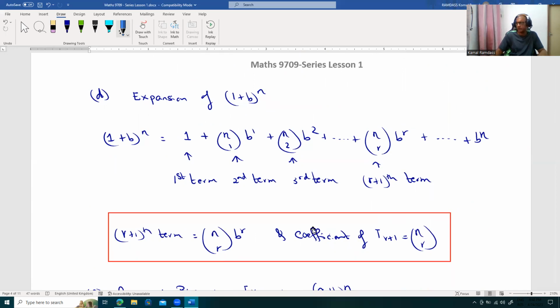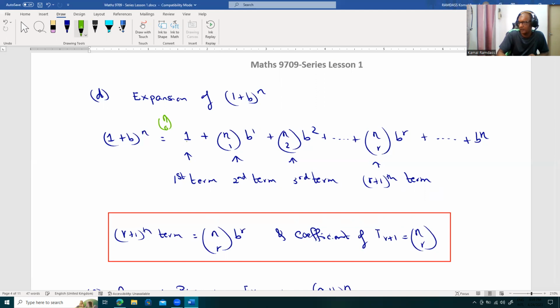1 plus b to the power of n. Et 1 plus b to the power of n, c'est 1. En fait, ça 1 là, moi, capable d'écrire, c'est nC0, 1. nC0 c'est 0 selection from n terms, il peut être égal à 1.